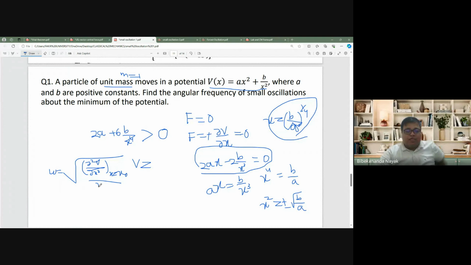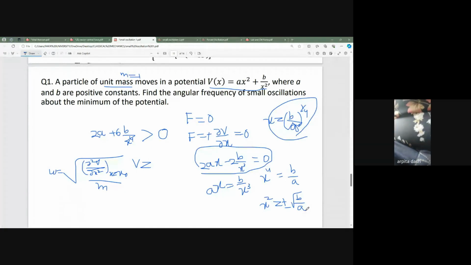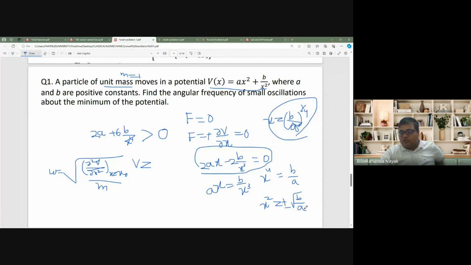This is the formula. Here m is equal to 1, only del squared V by del x squared at x equal to x0. We found the stable equilibrium point is this one.